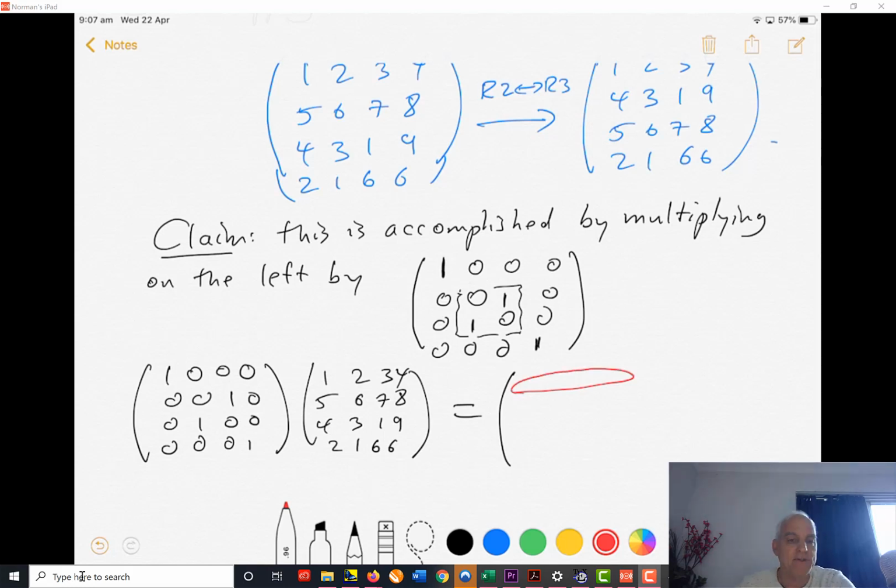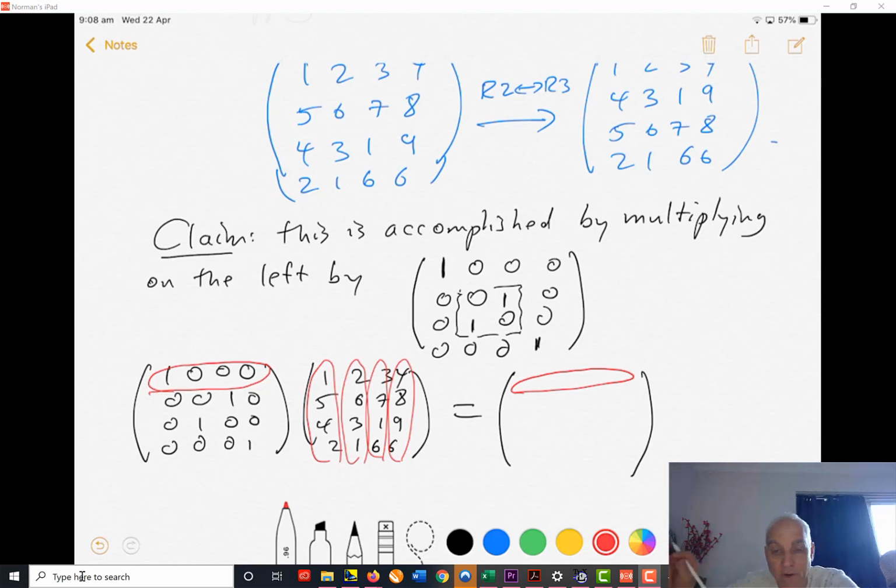Let's think about this first row. How do we get the elements in the first row of this matrix? We get it by taking the first row here and multiplying that first row first by the first column, and then by the second column, and then by the third column, and then by the fourth column.